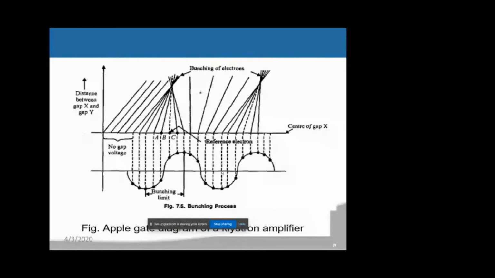For example, I am taking the case of three electrons: electron A, electron B, and electron C. When electron A comes in contact with the RF signal, the amplitude of the RF signal at electron A is negative. Due to this negative signal, the speed of the electron is retarded, that is, reduced.